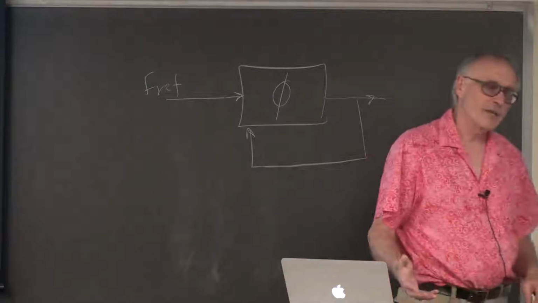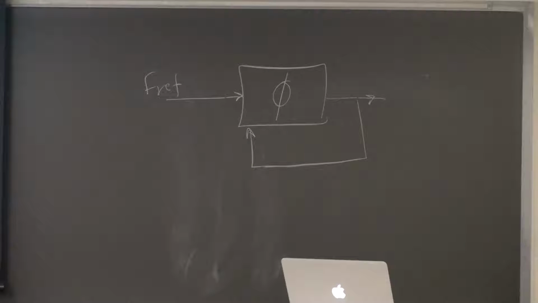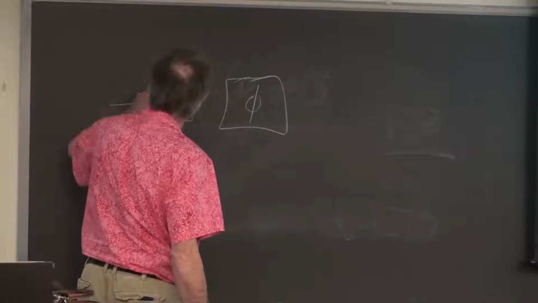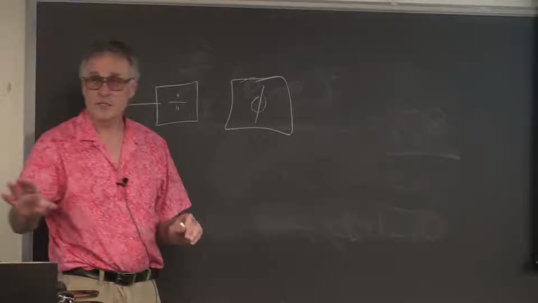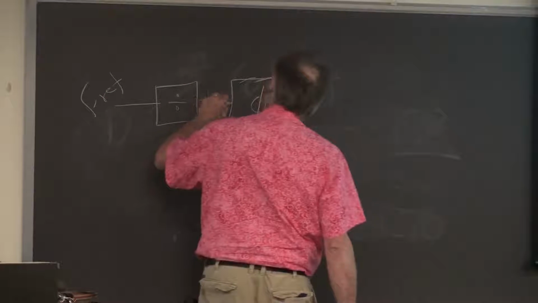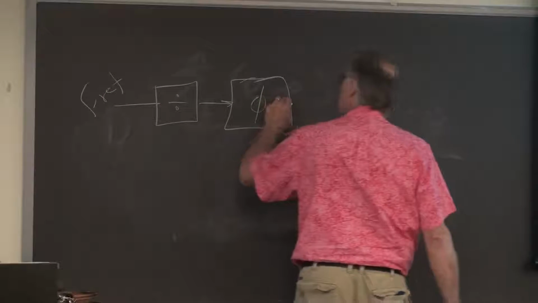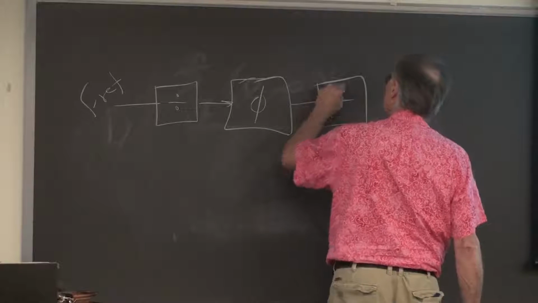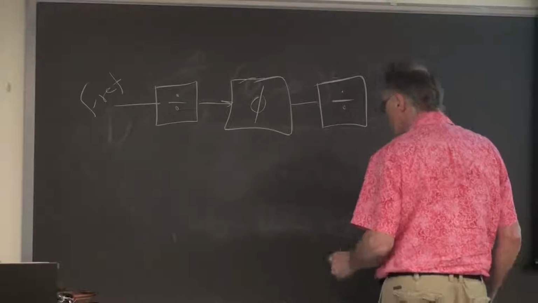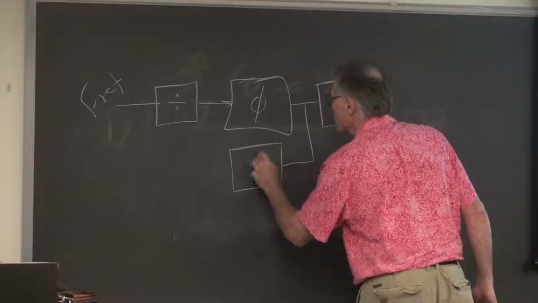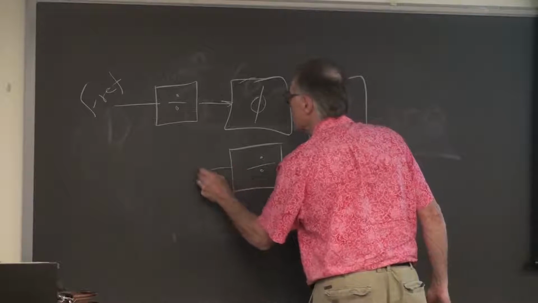The generalized form of this is that you have a phase detector, you have an input divider. This is a frequency divider now. So you have F ref coming in. You frequency divide it. You have a frequency divider here, and you have a frequency divider here.